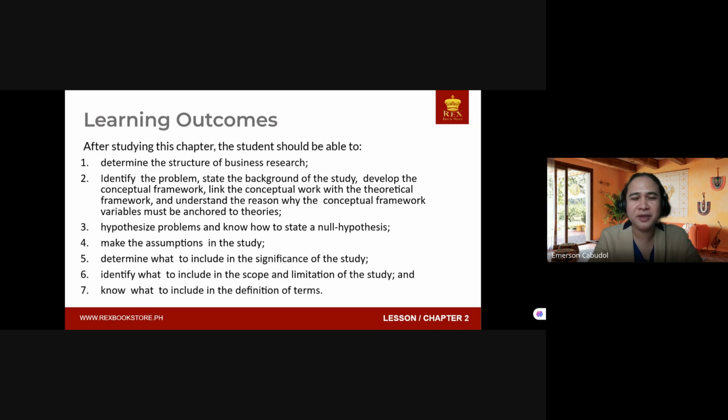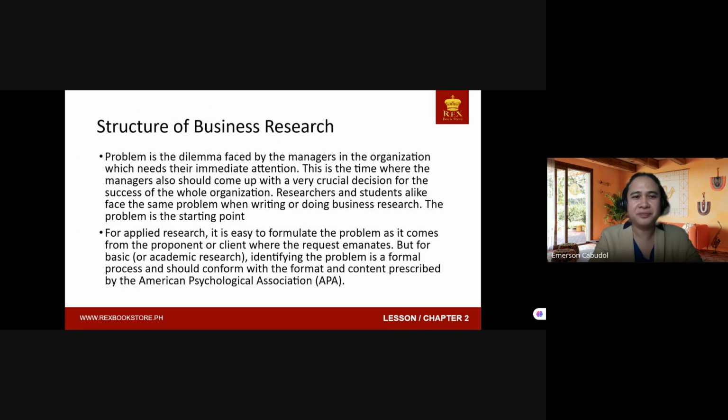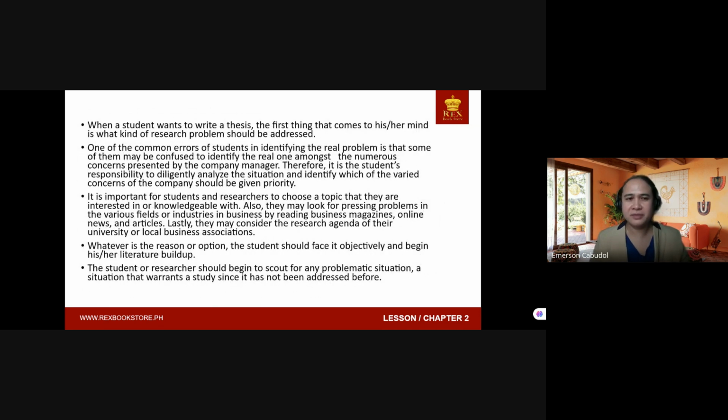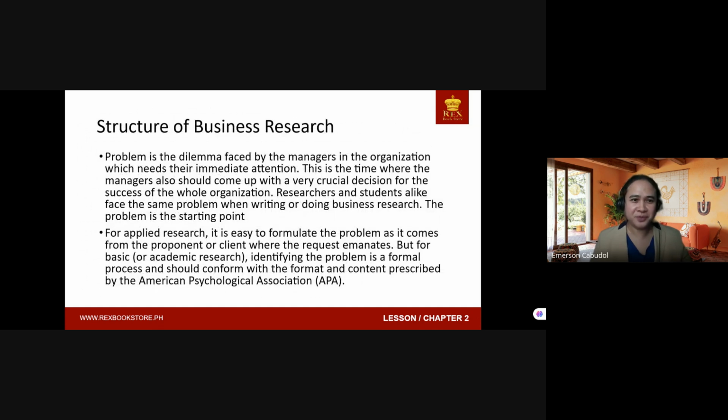Please be guided with your book on business research and statistical applications. Okay, a managerial dilemma. This arises when managers face complex issues requiring them to simultaneously balance multiple objectives. Often, there is no clear solution.